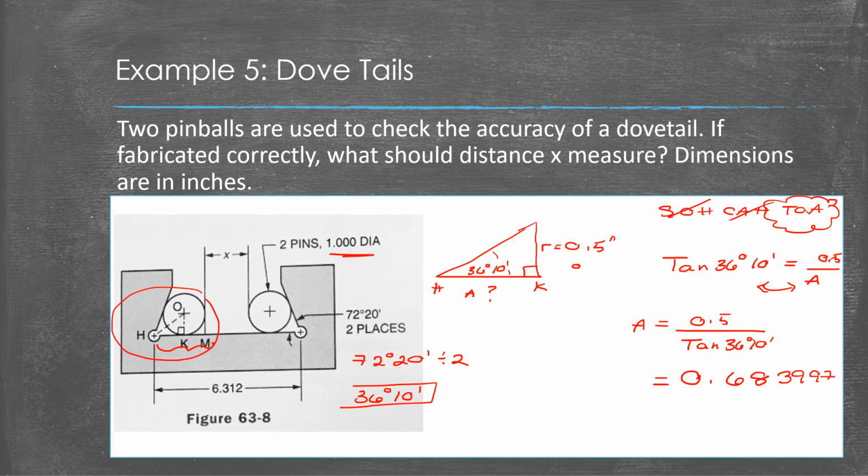In this particular case, our measurements are all 3 decimal places. So we get 0.684 inches. That's from H to K.